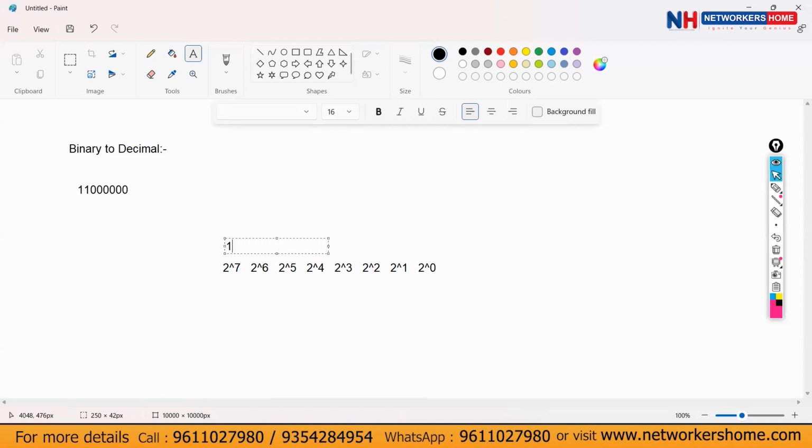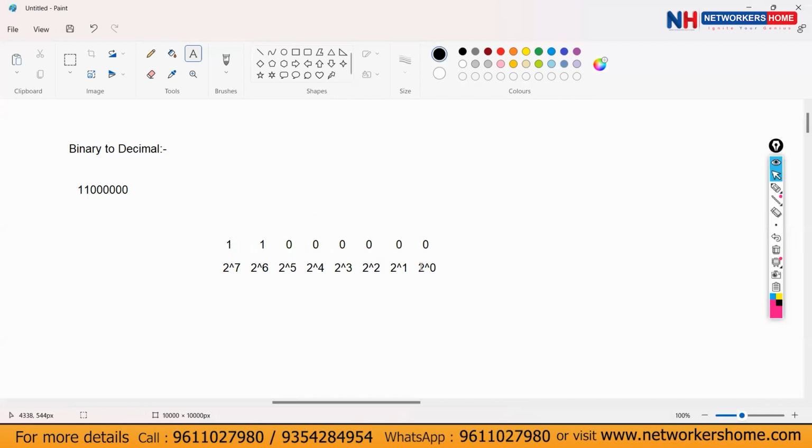First number is 1, 1, 0, 0, 0. This is the base: 2 power 0, 2 power 1, 2 power 2, 2 power 3, 2 power 4, 2 power 5, 2 power 6, 2 power 7.